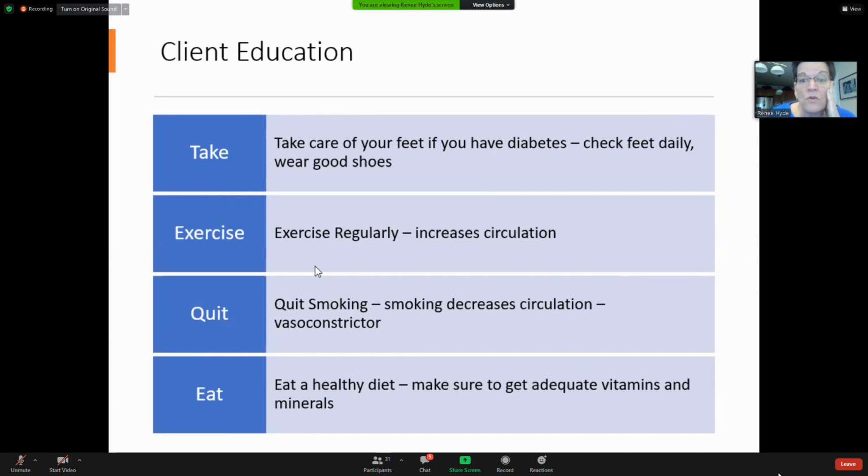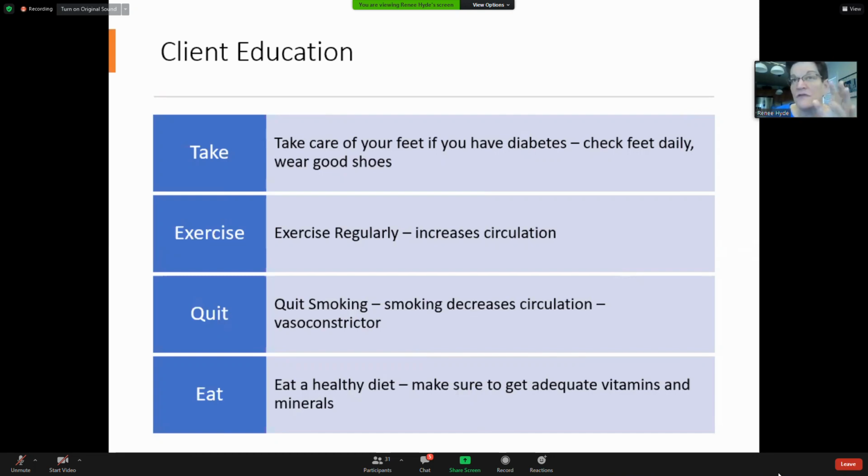Just general good client education. If you have diabetes, take care of your feet. Check your feet daily, wear good shoes, inspect on a daily basis. Exercise regularly. It increases the circulation. Remember when Ms. Rumble talked about arterial and venous disease?